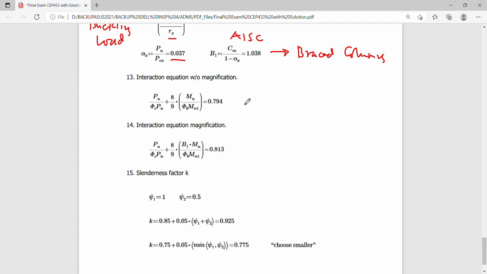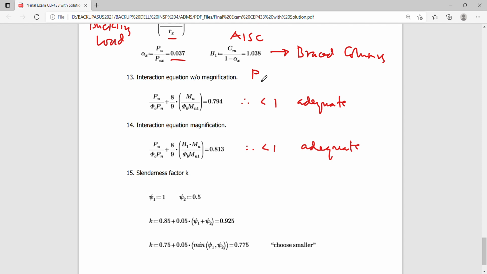Our conclusion is that this is actually less than 1, and therefore this is adequate for both unmagnified and magnified moments.